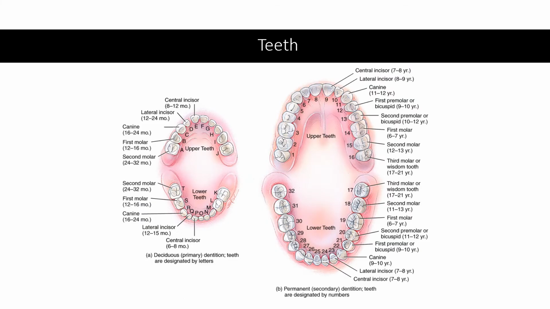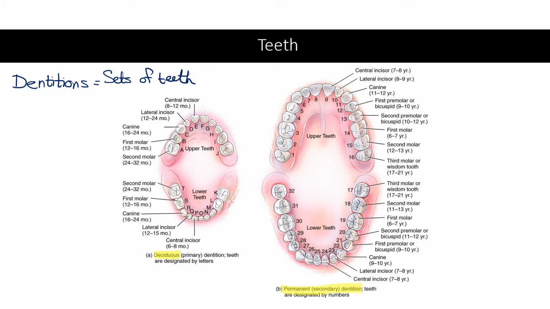Now humans have 2 dentitions, also known as sets of teeth. So essentially we have a deciduous set of teeth, or deciduous dentition, and a permanent dentition.